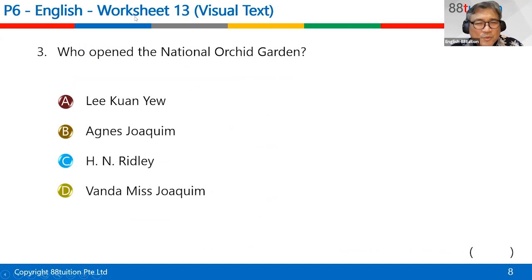Let's go on to number 3. Post your answers for number 3 now. Who opened the National Orchid Garden? I think it's quite straightforward also, right? Everybody, have you got the answers? I expect everybody to be correct, huh?